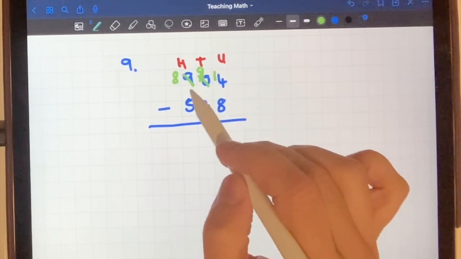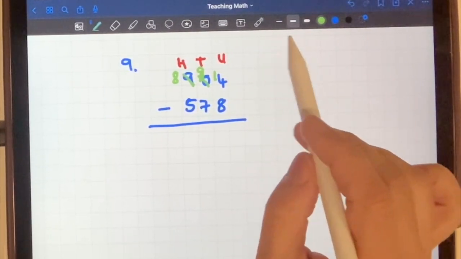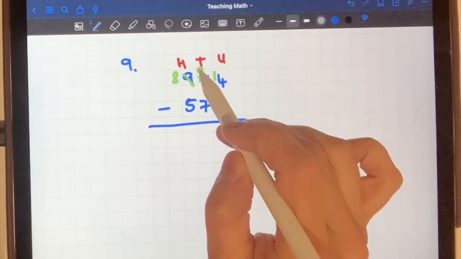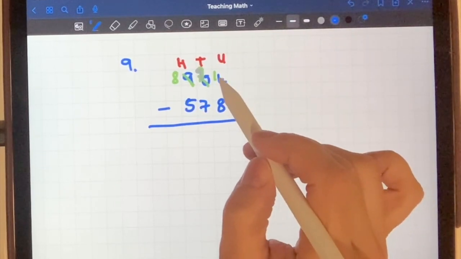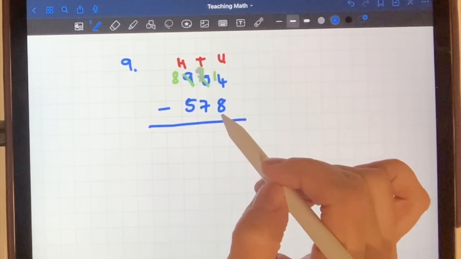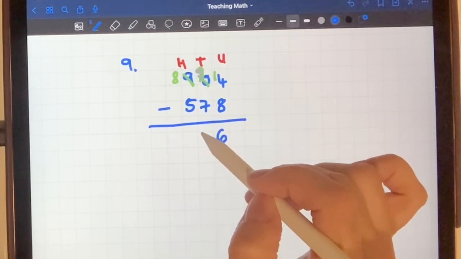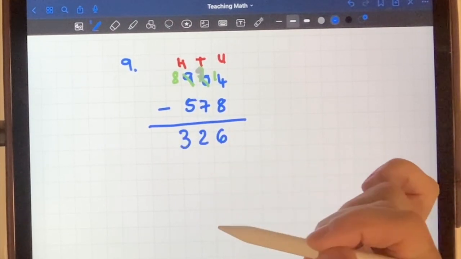So this does become a bit cluttered. I should have probably written it a bit bigger, but let me maybe do this one in a different color. Okay, so then 14 minus 8 is 6, 9 minus 7 is 2, and 8 minus 5 is 3.